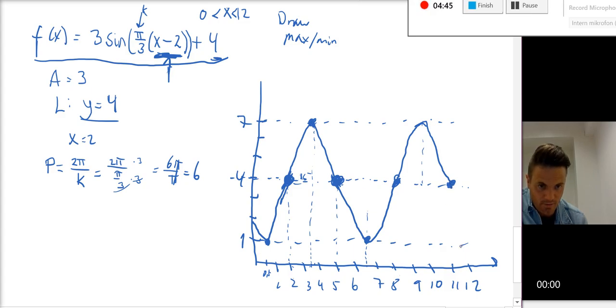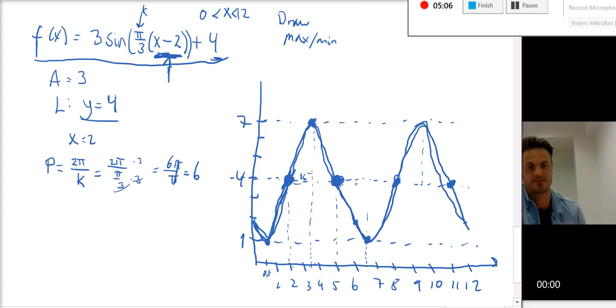Then going 1.5 to the right to get the next minimum point gives 12.5, which is not in our interval, so the graph stops here. This is 2 periods: down, up and down is 1 period, 6, and then down, up, and down again is 2 periods. So here we have the graph, easy and simple.